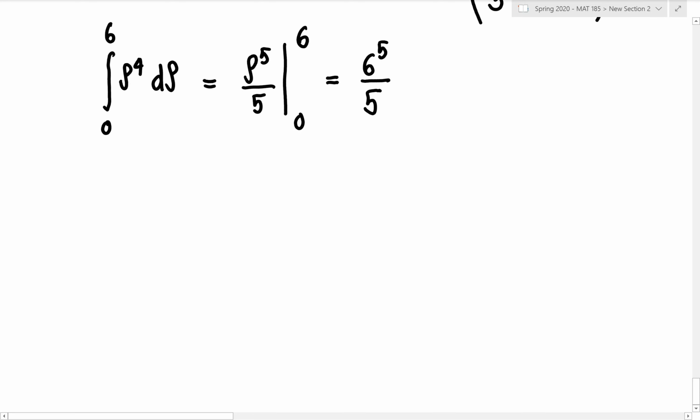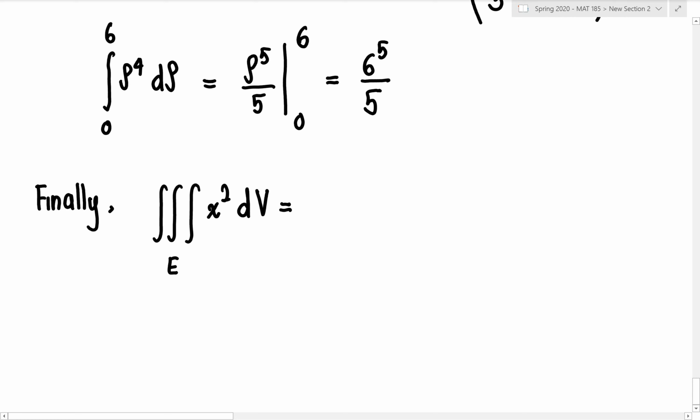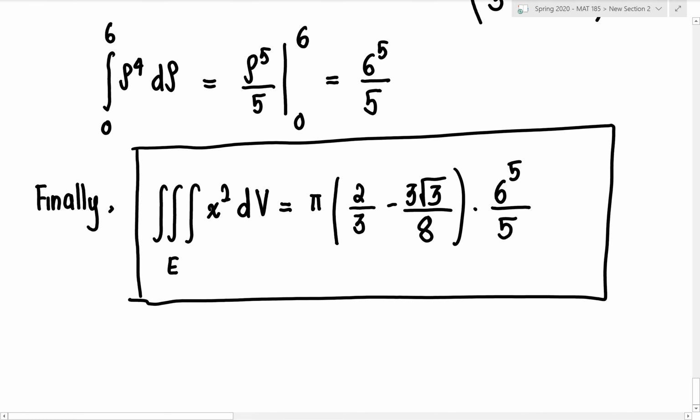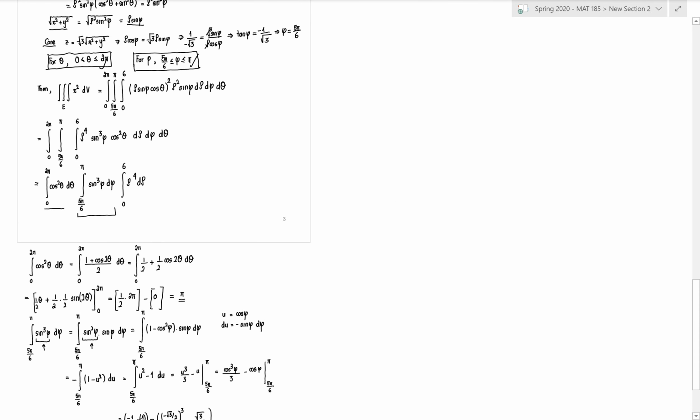So when I put all of my integrals together, the integral which we're trying to evaluate, of e of x squared dV, was: the first one was pi, then we had 2 over 3 minus 3 radical 3 over 8 times 6 to the 5th over 5. All right, so that's how we would go about evaluating that integral.